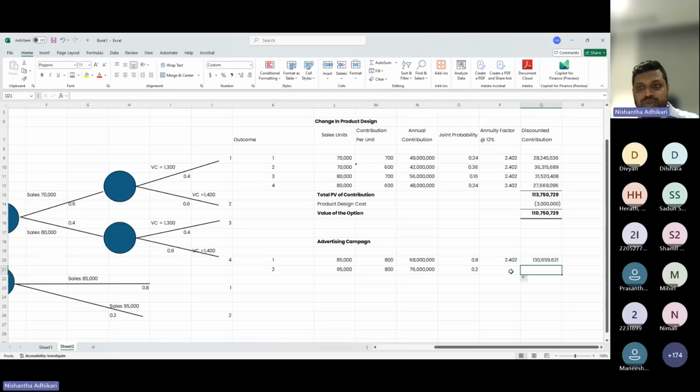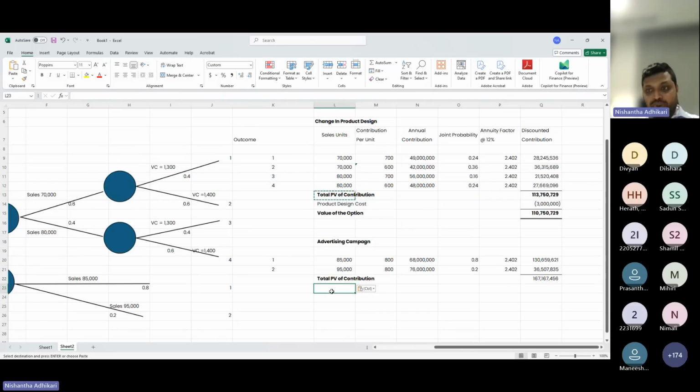Discount factor for 3 years at 12%. Then 76 million into 0.2 into 2.40, 36 million. Then take the total, 167 million total present value of the contribution.